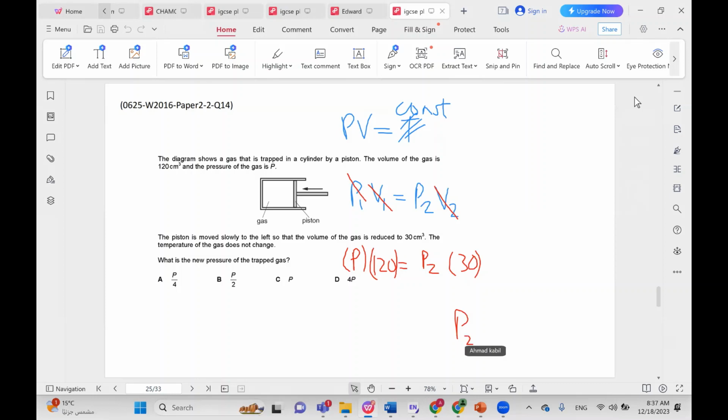So P2 equals P times 120 over 30. And you simplify, so you get 4P. Therefore, the correct choice here would be choice D, 4P.